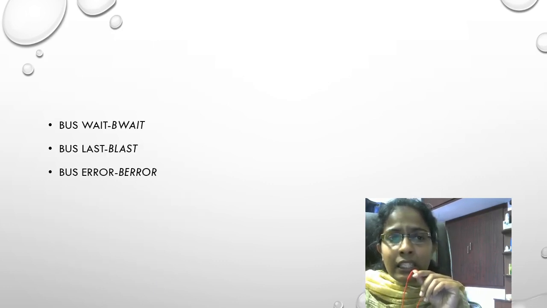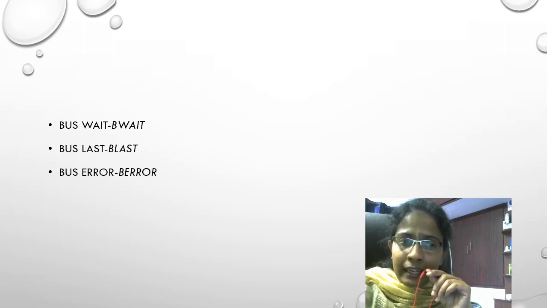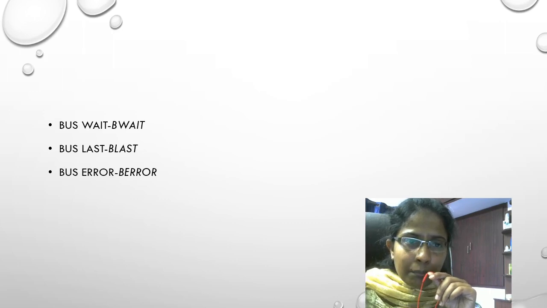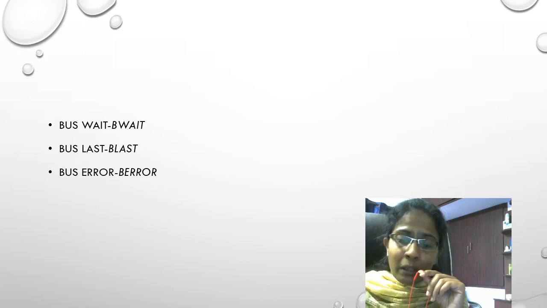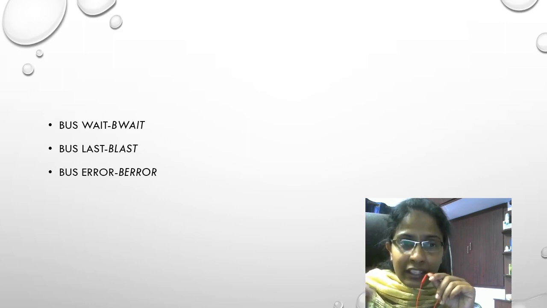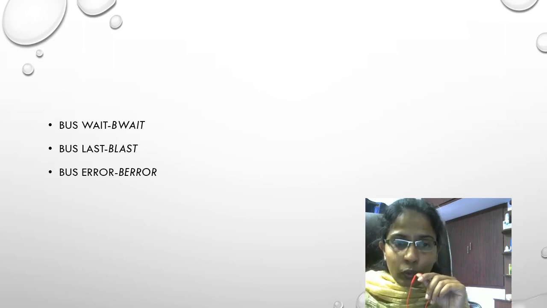And the last things, also related to the bus transfer signals: bus wait. Whenever a slave device gets this bus wait, it should insert wait states. Like we used in the pipelining architecture, NOP signals can be given or bubbles can be included; like that, wait states are included so that it will wait for the bus. And bus last: what is the meaning of bus last?